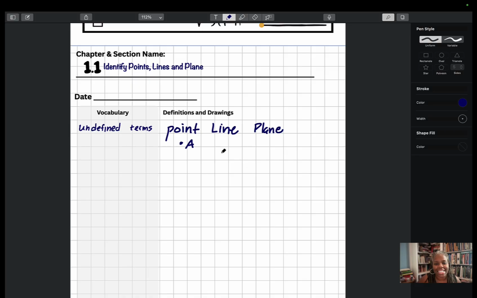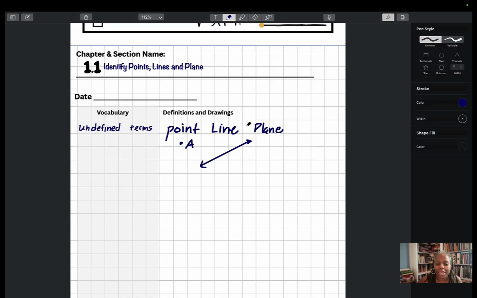I hope it does. A line is a little bit different. A line, back in the day, like we're used to talking about anything as a line, right? Like if I say, "Ooh, look at that, that's that curvy line." Mathematics, we don't do that. When we talk about a line, we are talking about a straight collection of points that are in a line, for lack of a better way of saying it, and it goes on in either direction forever and ever. So when you see a line in geometry, you're going to see an arrow.